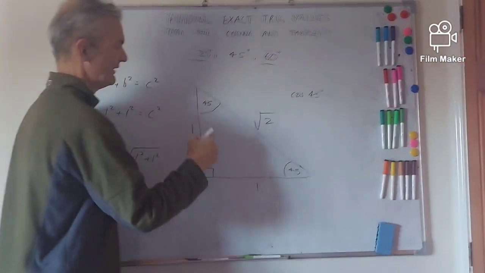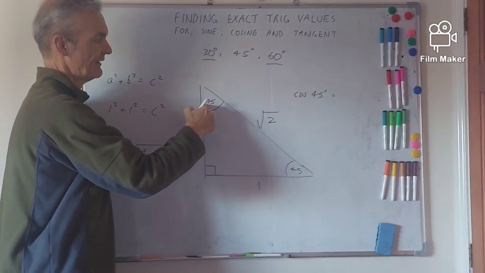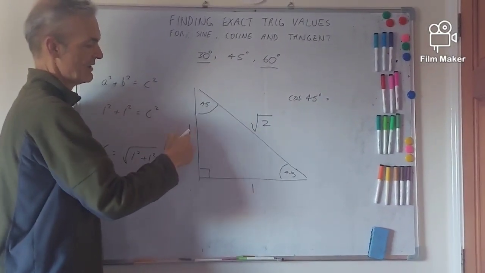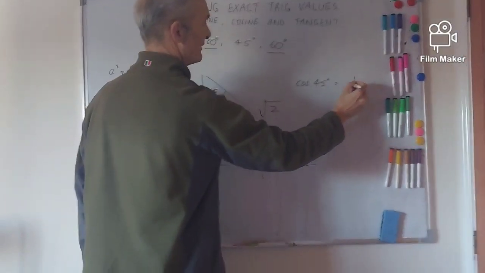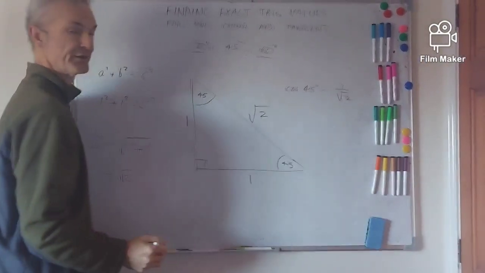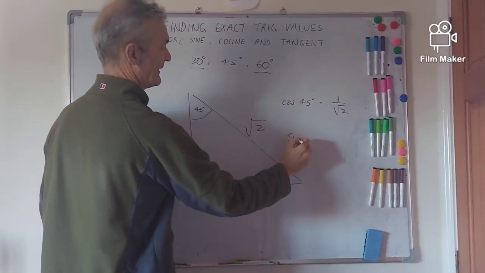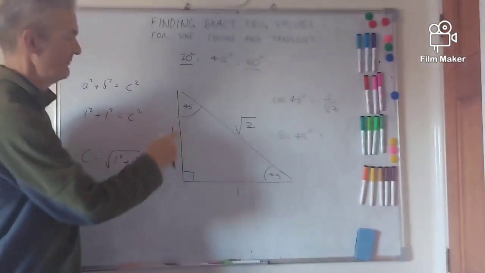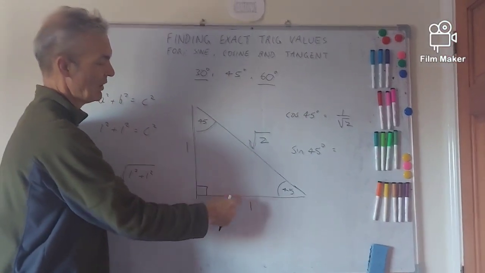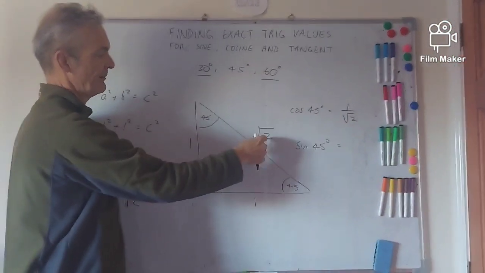Okay, so we're going to now find cos 45 degrees. Well, here's 45 degrees. The cosine is the adjacent over the hypotenuse. So 1 over root 2. Sine 45, again 45 here, opposite over hypotenuse.